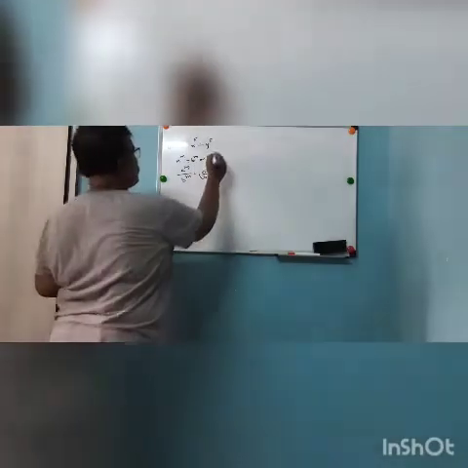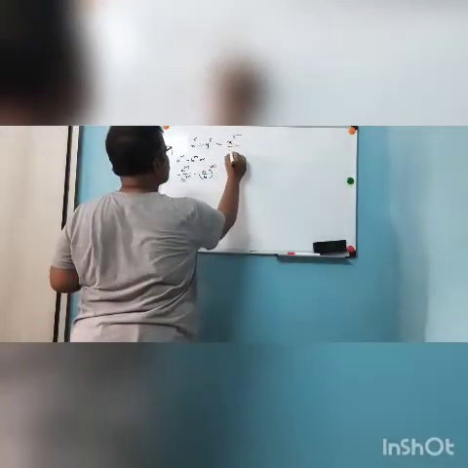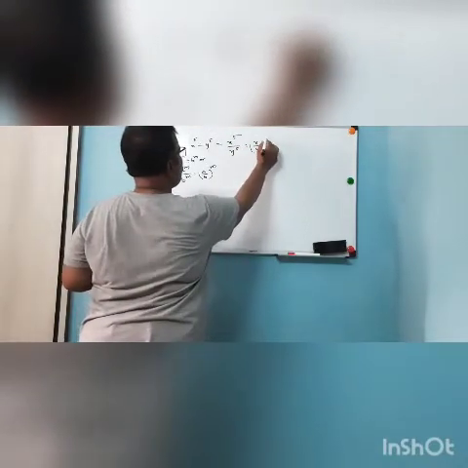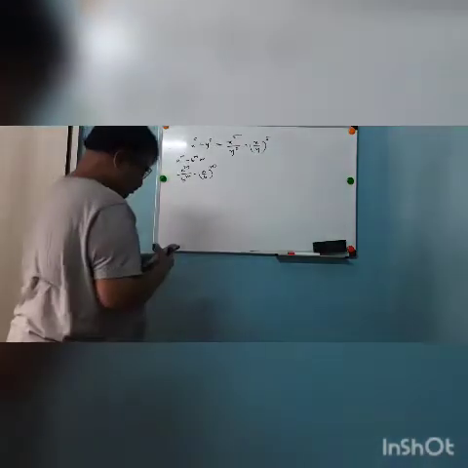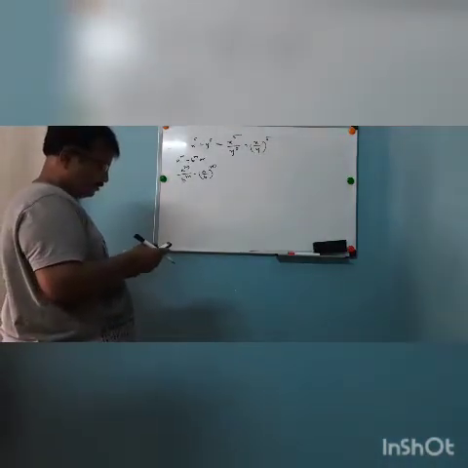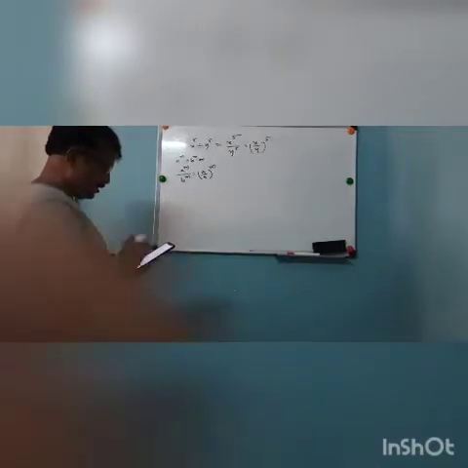So x power 5 divided by y power 5 can be written as x by y whole power 5. Option 3.